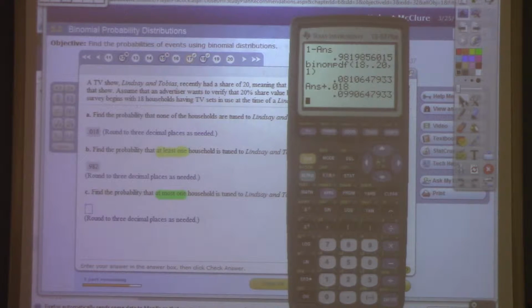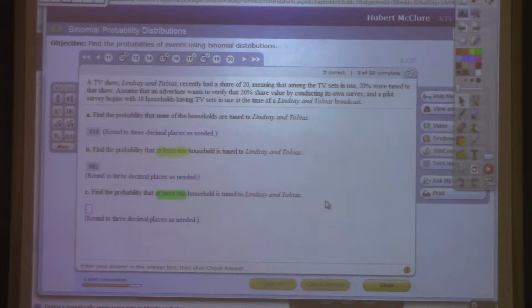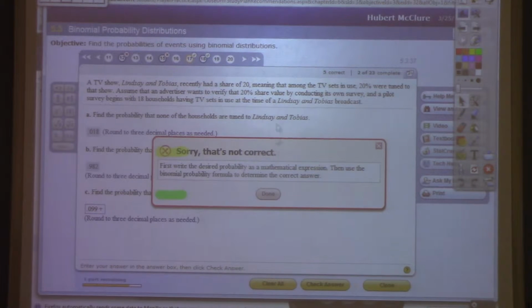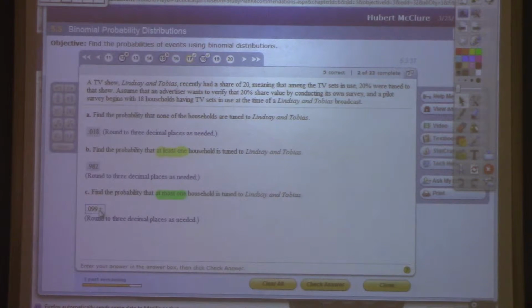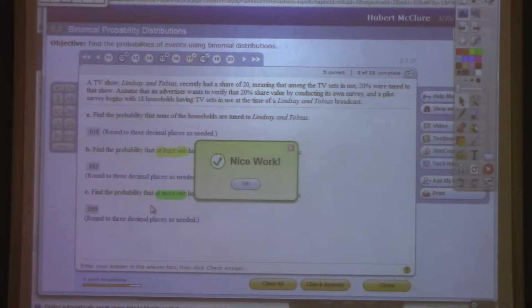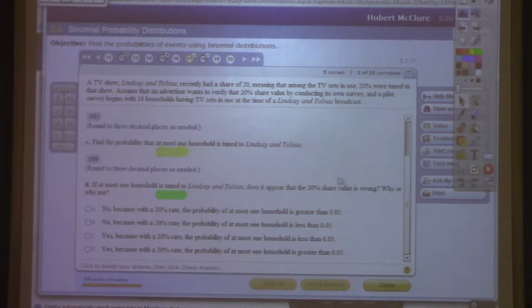So we put our handy dandy cursor in there. 0.099. And we put a plus in there so we can get it wrong. Look there. All right.